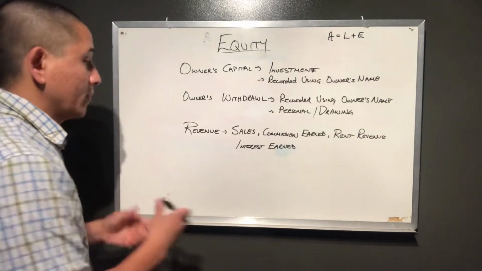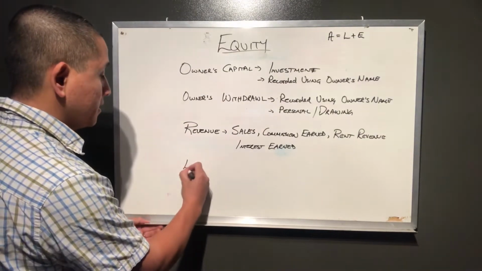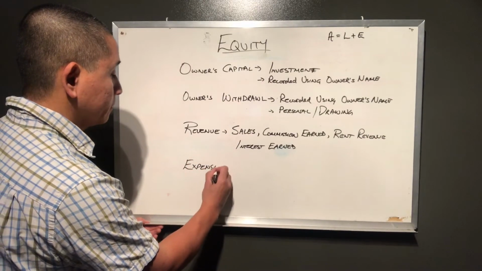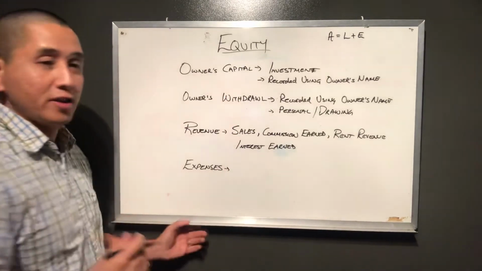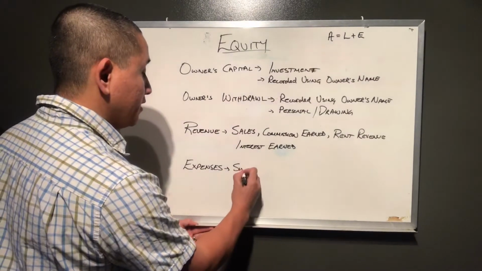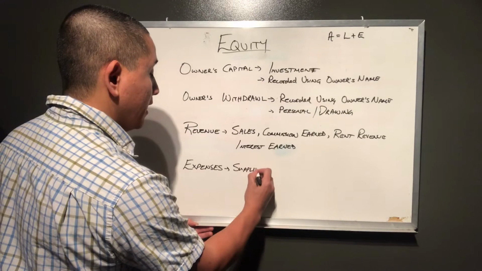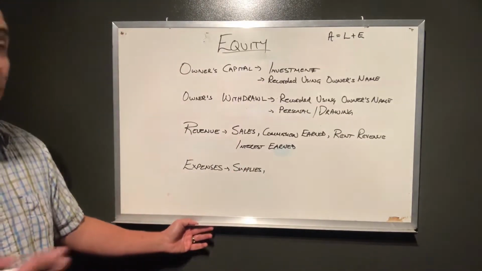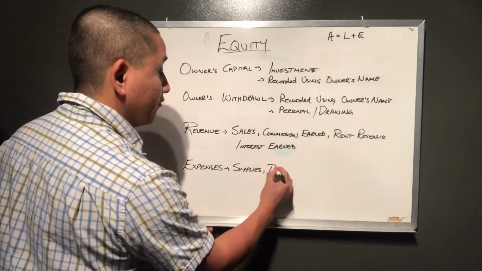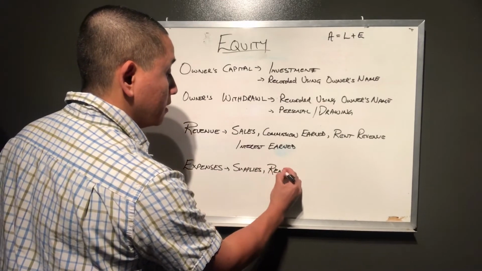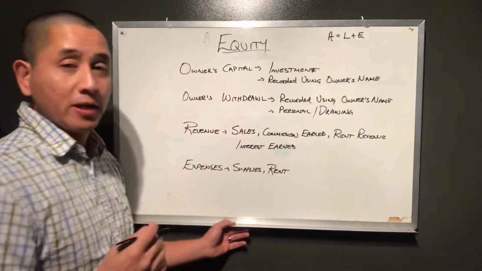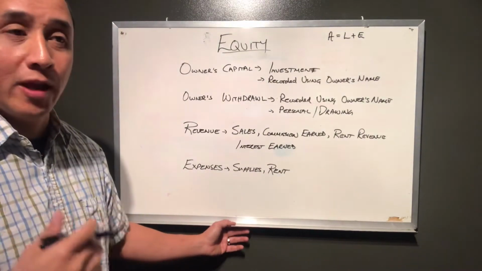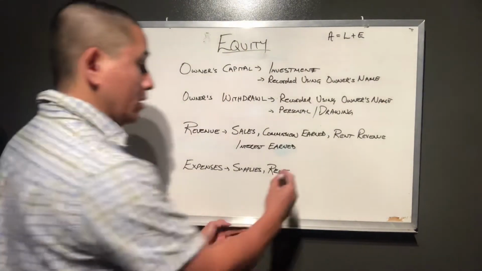Now, expenses are also featured under equity. Such things would be supplies expense: if I'm running my business and I need to purchase supplies, I could expense that. On the flip side, if I'm renting building space or office space from somebody, then as the renter that would be an expense to me.